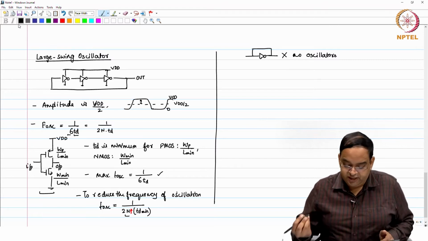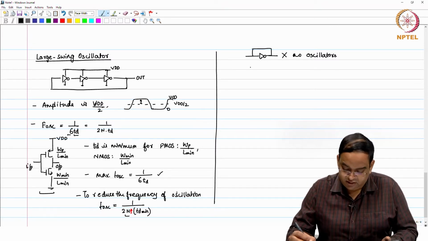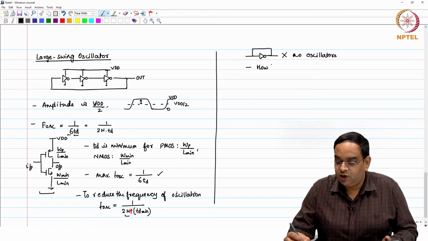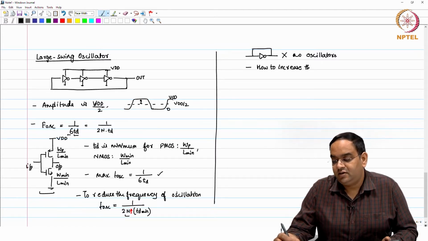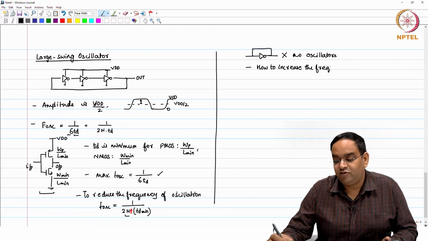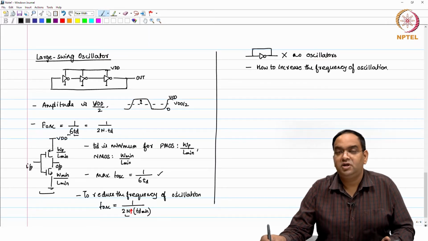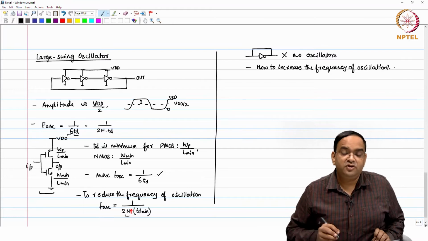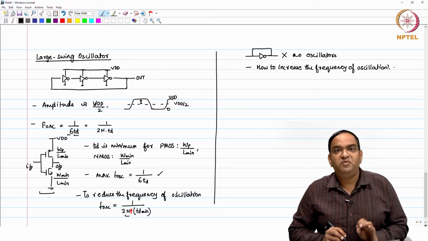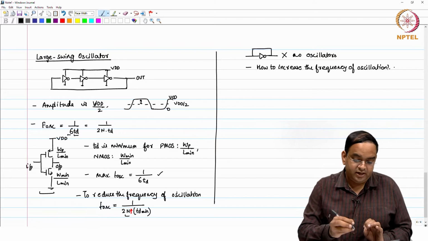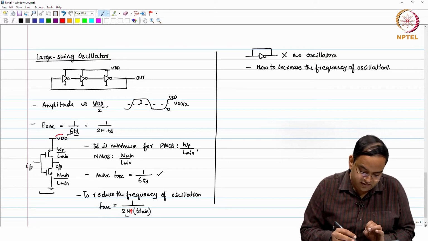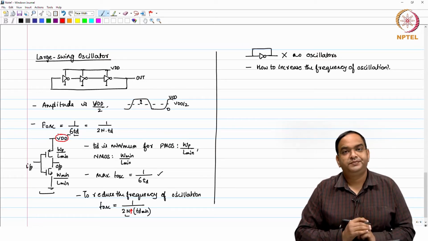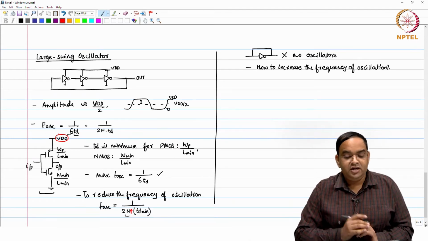And how do we increase the frequency of oscillation? To increase the frequency of oscillation there is only one way, and that method is to increase your VDD. Why increase your VDD?